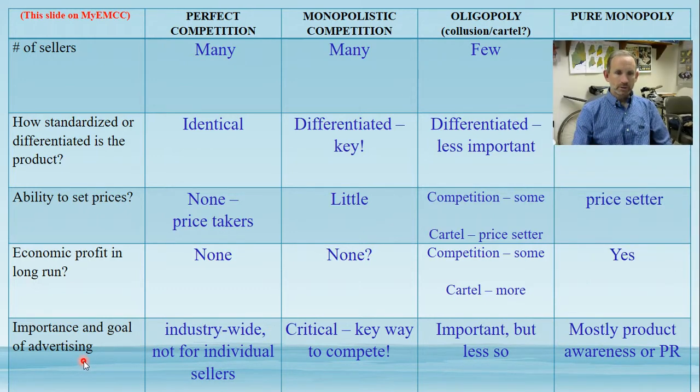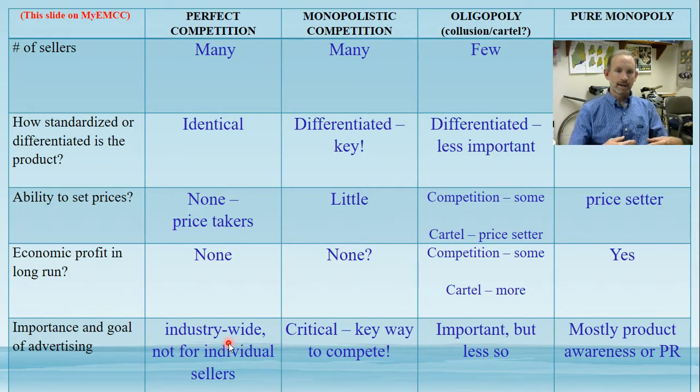Go to the last row. Importance and goal of advertising. So think about the importance of advertising. In perfect competition, would a farmer or a lobsterman ever advertise, hey, buy my product, it's just like everybody else's and it's at the same price? No, that wouldn't make any sense. But you do sometimes see them get together and advertise as an industry.